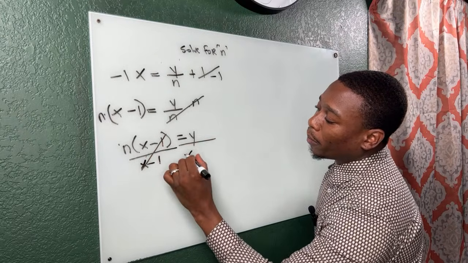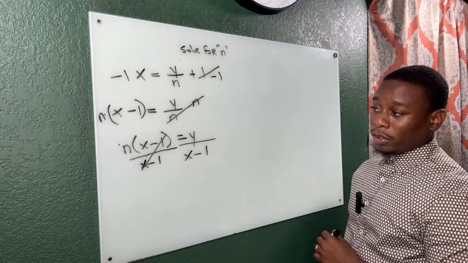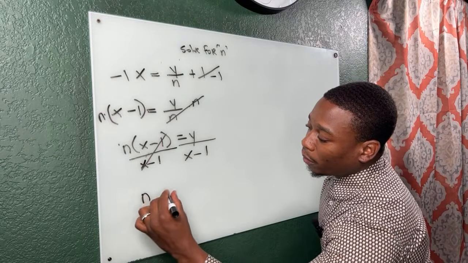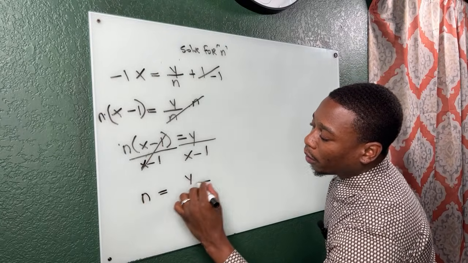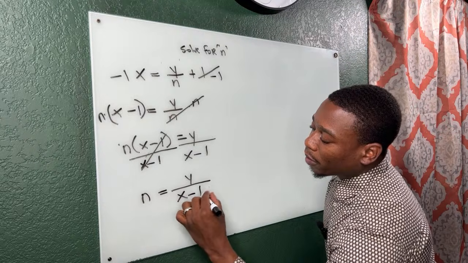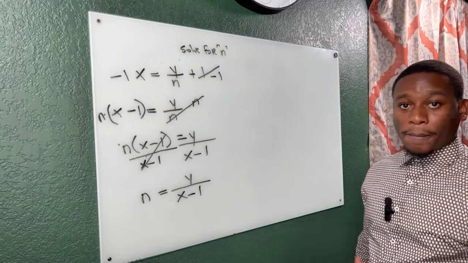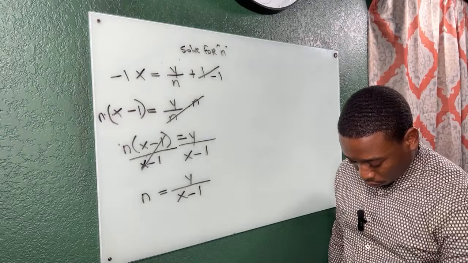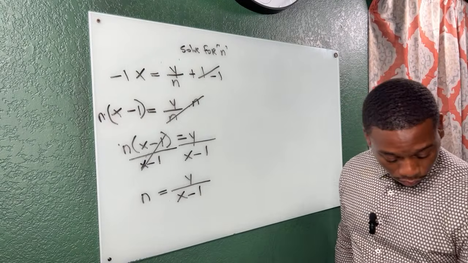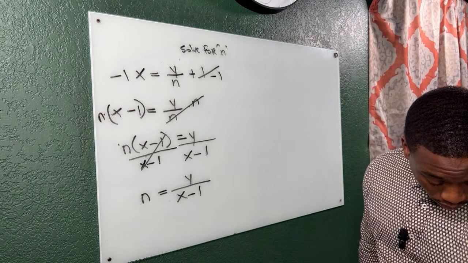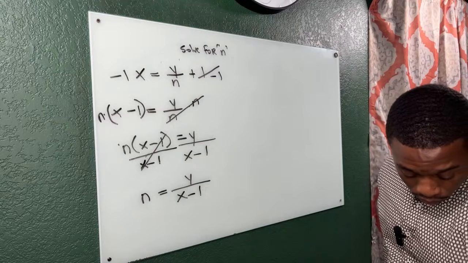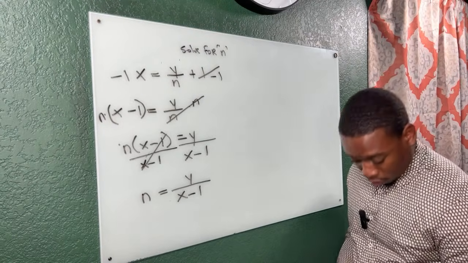Go ahead, divide by x minus 1. So now I'll say n is equal to y divided by x minus 1. Okay?